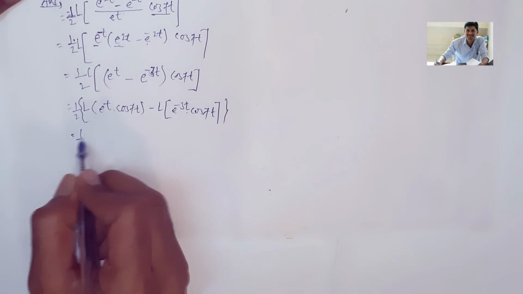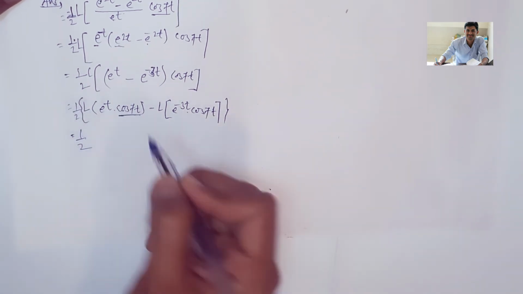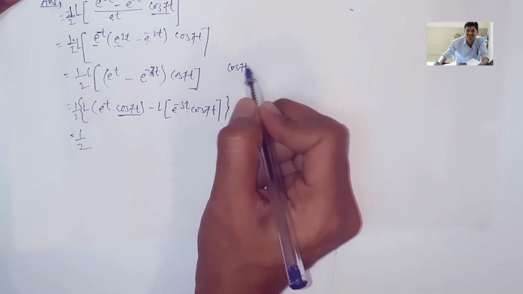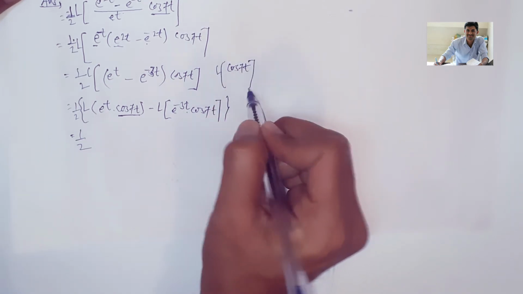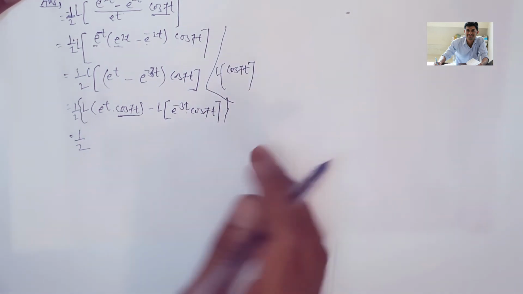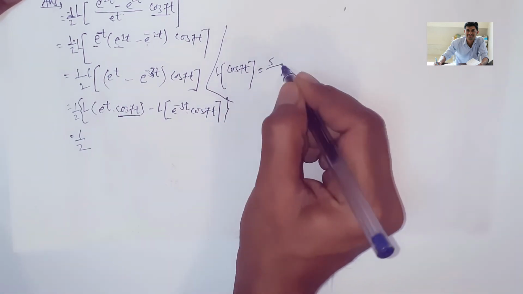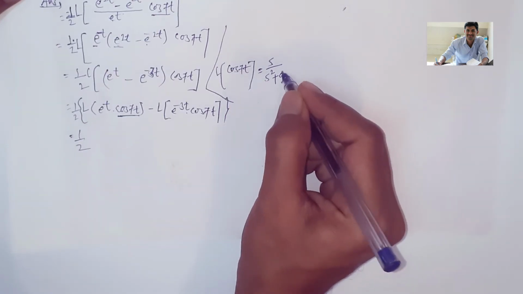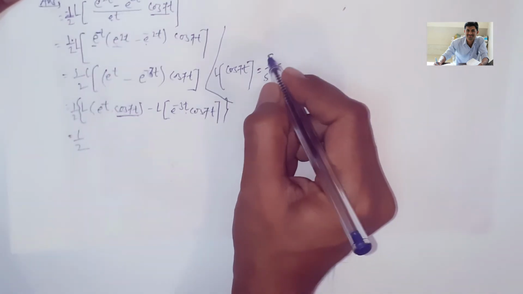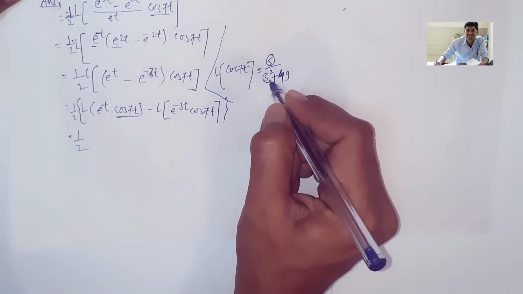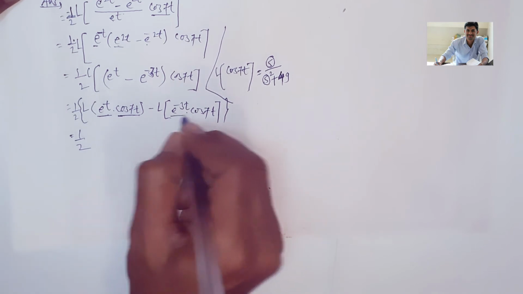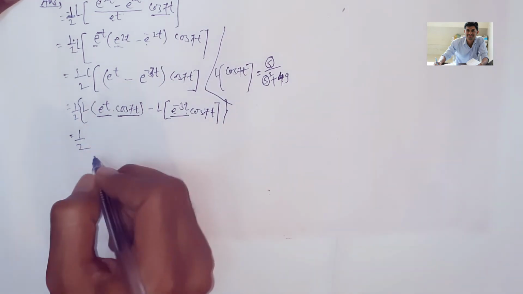Then 1 by 2. We know the Laplace of cos 7t is s divided by s square plus a square, a means 7, 7 square is 49. So wherever there is s, we have to apply the shifting property. If you are aware of the shifting property, then it is easy.